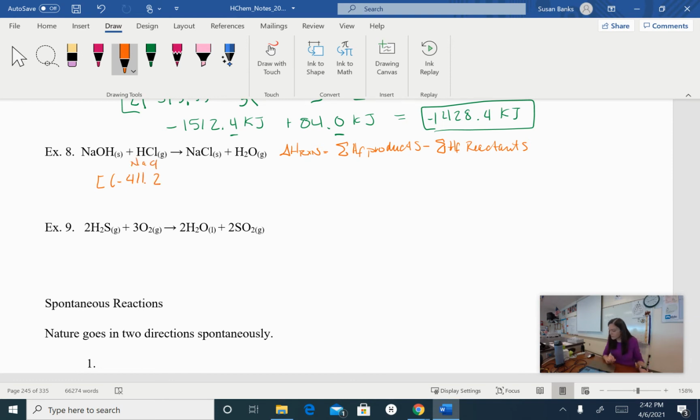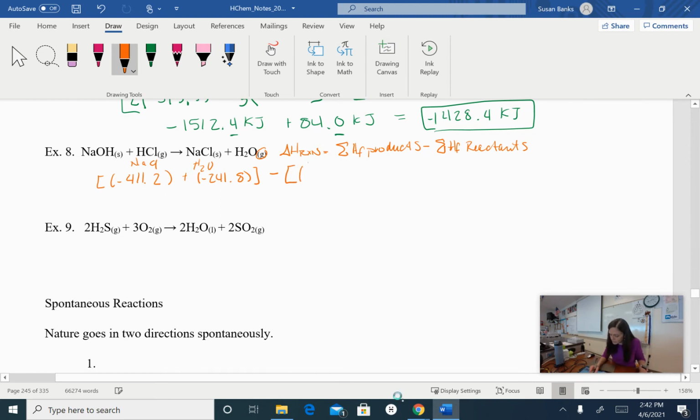Now I got this on the table previously. You can use your table and scroll up and verify that I have it correctly. So that's my sodium chloride plus my water. Now notice I'm getting the water in the gas phase. So that is negative 241.8. Okay, so there are my products, and now I'm going to subtract my reactants.